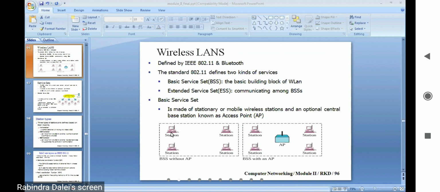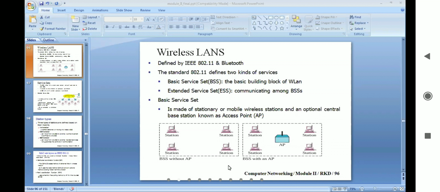If the workstations are mobile in nature, or stationary, meaning they are in fixed positions, you can communicate with each other without any infrastructure support. Then this is called a BSS without access point.